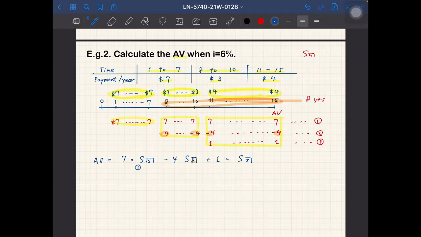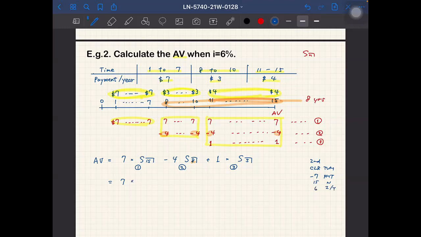So this is the first part and the second part and the third part. So now we can calculate this by BA II Plus or the formula. With the BA II Plus, you can press second, CLR TVM, then you can input the payments, for example the 7 payment, maybe you can put a negative sign, then on the 15 years, so 15 N, and i is equal to 6, so 6 I/Y.